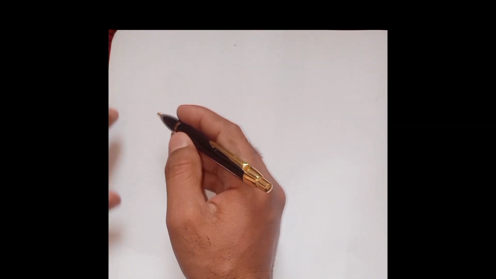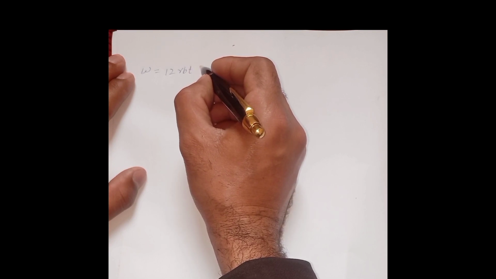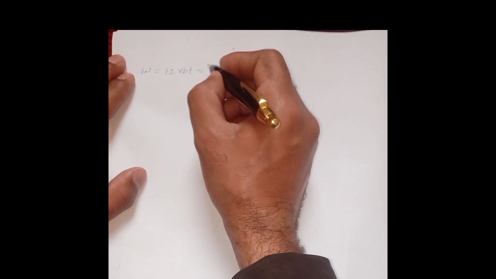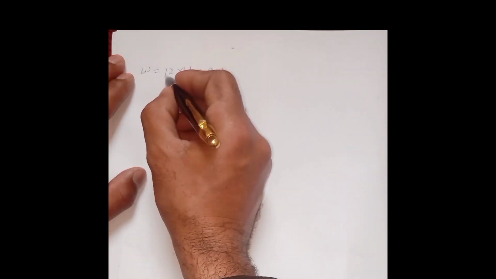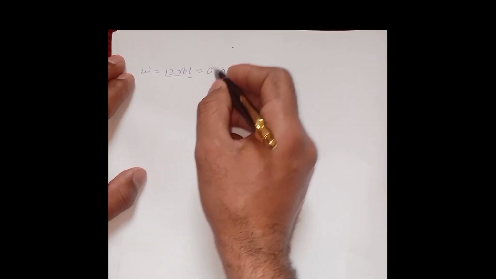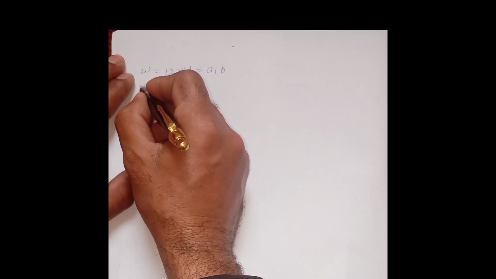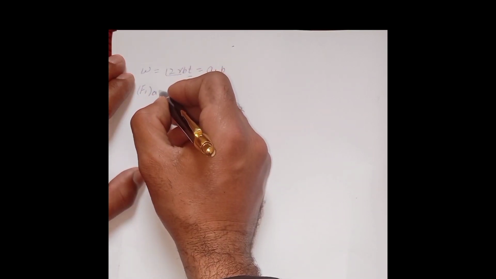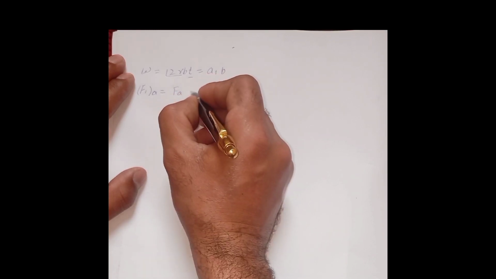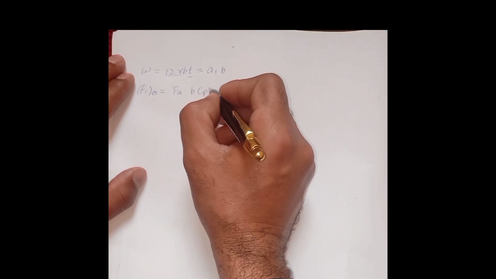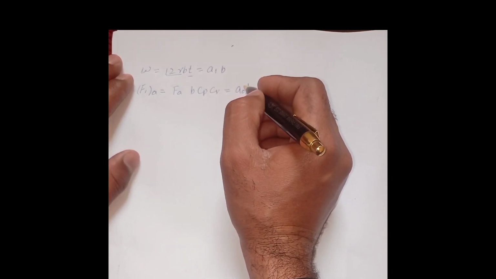First of all, we are given that the specific weight of the belt is gamma, and the belt weight per unit length is 12 gamma b t, which in the problem is given as a1 b. So 12 gamma t is equal to a1. Similarly, F1a, which is the tension in the belt on one side, is equal to F a b Cp Cv, which is equal to a naught b according to the book.